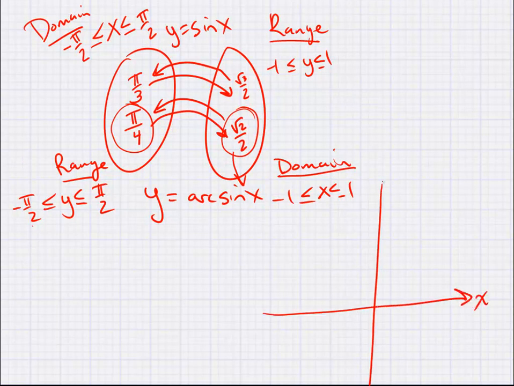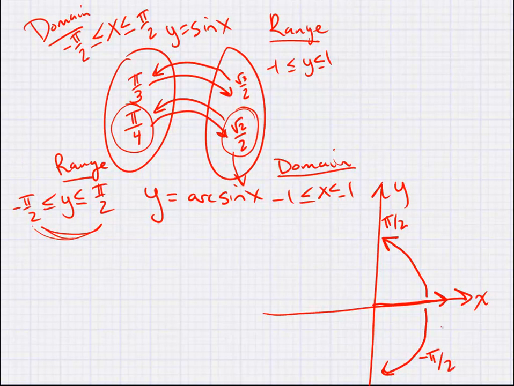Here's your x, here's your y. This angle right here would be 0. 0 is right between these two angles. I go from 0 to pi over 2, I go a quarter turn that way. Here's pi over 2. I go from 0 to negative pi over 2, I go a quarter turn that way. The answers I'm going to get out of an arc sine have to fit in this quarter turn in each direction setup.